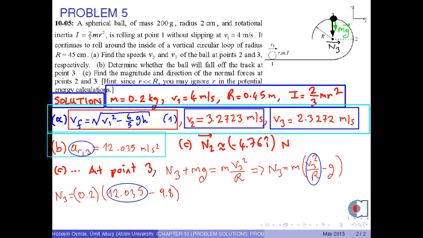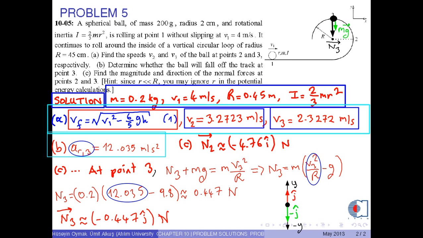Substituting the corresponding numerical values, we obtain approximately 0.447 newtons, and vectorially N3 is approximately minus 0.447 j hat newtons, since it is in the negative y direction.